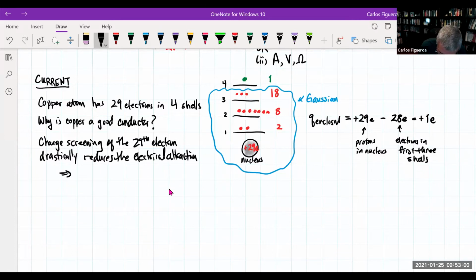And because of that, we say that this electron here is weakly bound.